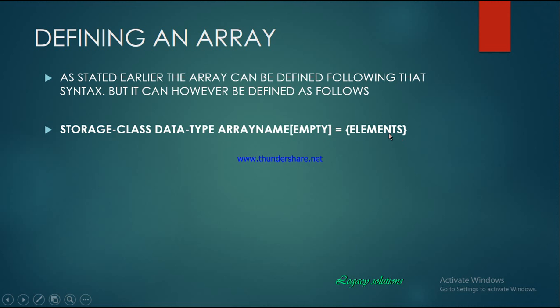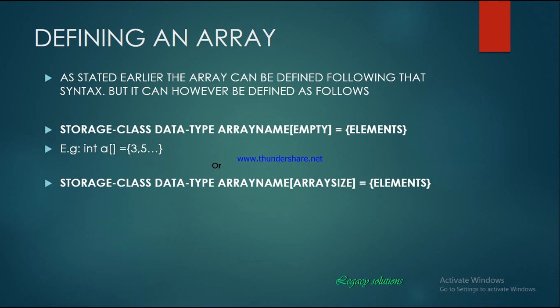You specify those elements and then they are assigned one by one into this place. For example, you have this integer here, a, with empty square brackets. You assign 3 as the first, 5 as the second. That's how it's assigned. Now, if you have not specified the array size, you specify it on your own.